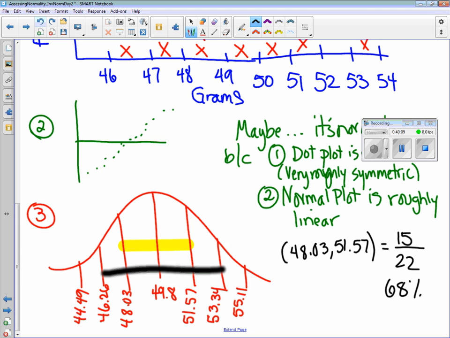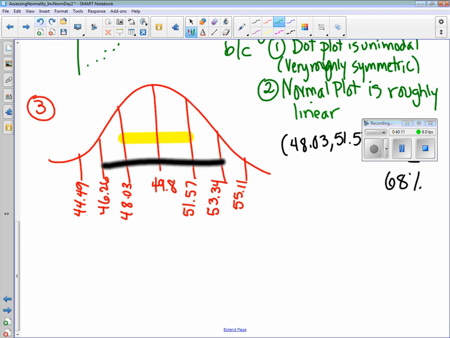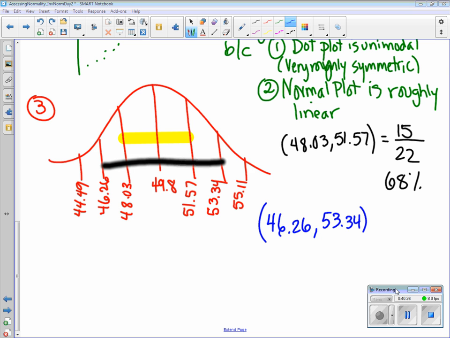So let's count those. So between 46.26 and 53.34. Well, I already know that I have 15, right? So I'm going to add in addition to 15. So let's count now.